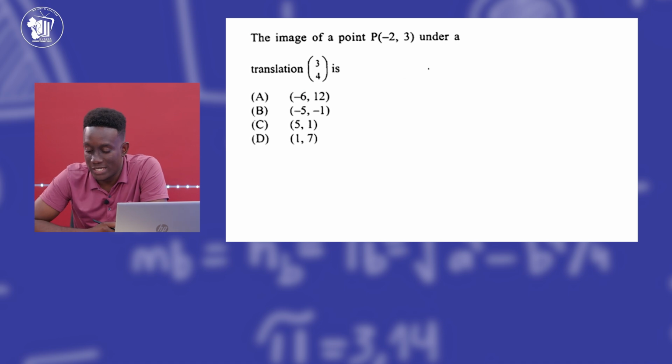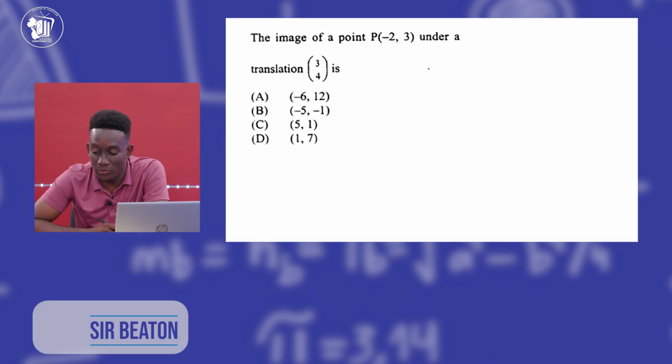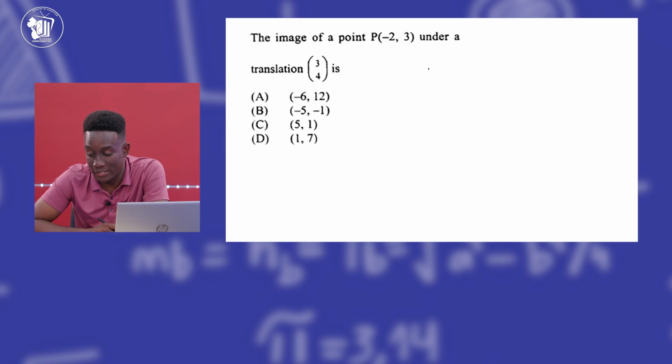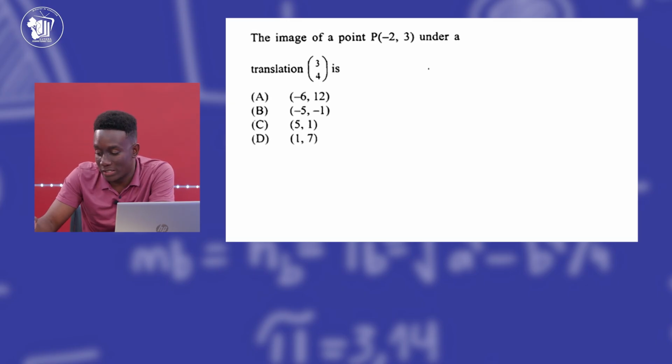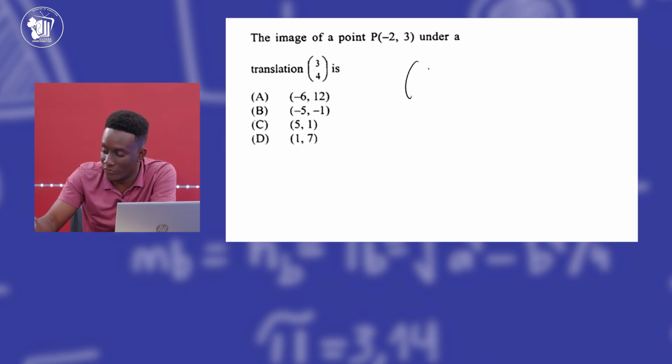So this one says, the image of the point P, negative 2, 3, under a translation 3, 4 is, so we know to perform this, we just add the corresponding x component and y component. So we know this is the point negative 2, 3. So we can write that in vector form, negative 2, 3, plus the translation, which is 3, 4.